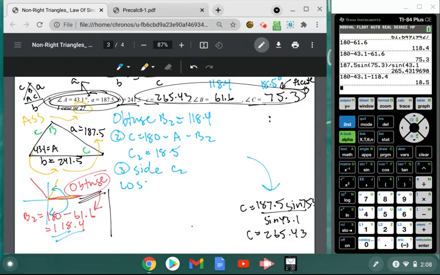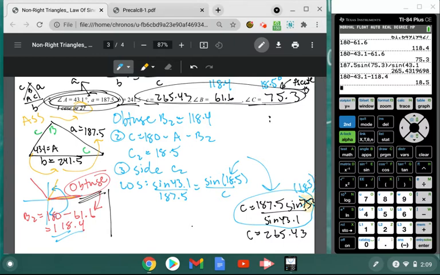So law of sines, and I would incorporate A's ratio: the sine of 43.1 divided by A, 187.5, is equal to the sine of C, which is 18.5, divided by side C. As I look at my work over here, everything is the same except this angle, so I can just replace that angle with angle C.